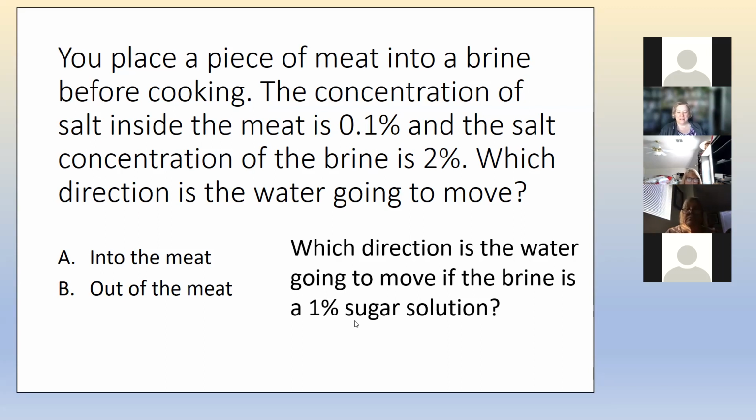Because the sugar is 1% and the salt inside is only 0.1%. Yes, very good. Good job, Elena. So it doesn't matter whether it's salt or sugar. It's still a solute, and the water is going to move toward the higher concentration of solute. Okay, good job.